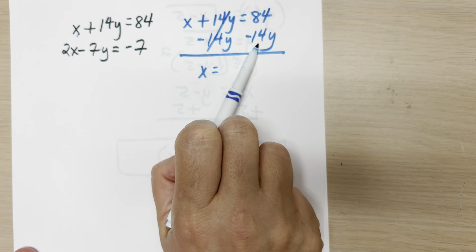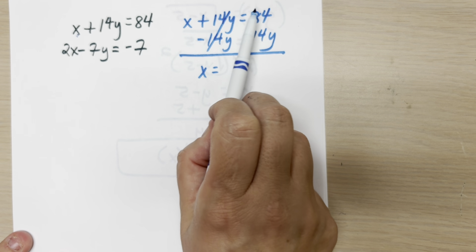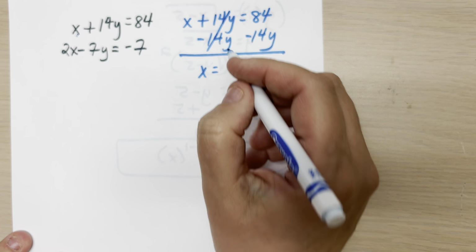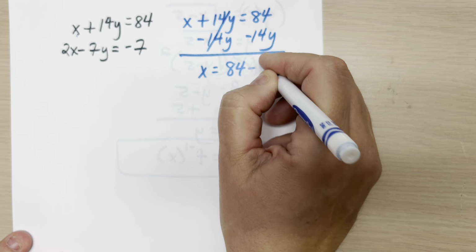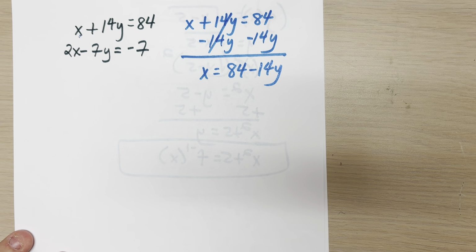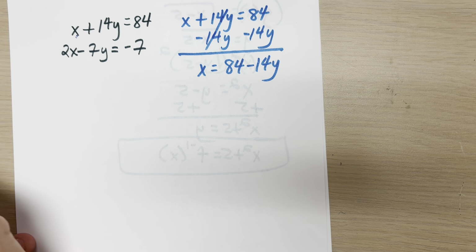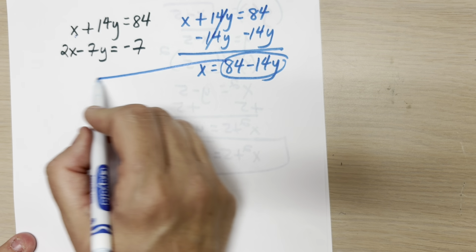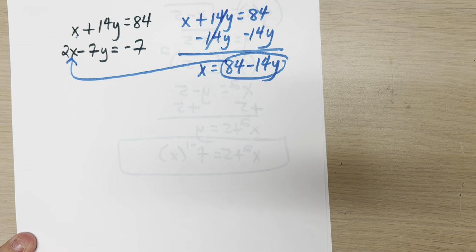Don't combine these terms. This is 84 minus 14 times y. I cannot put those together. So we are then going to take the 84 minus 14y and throw it in here to the x of the second equation.